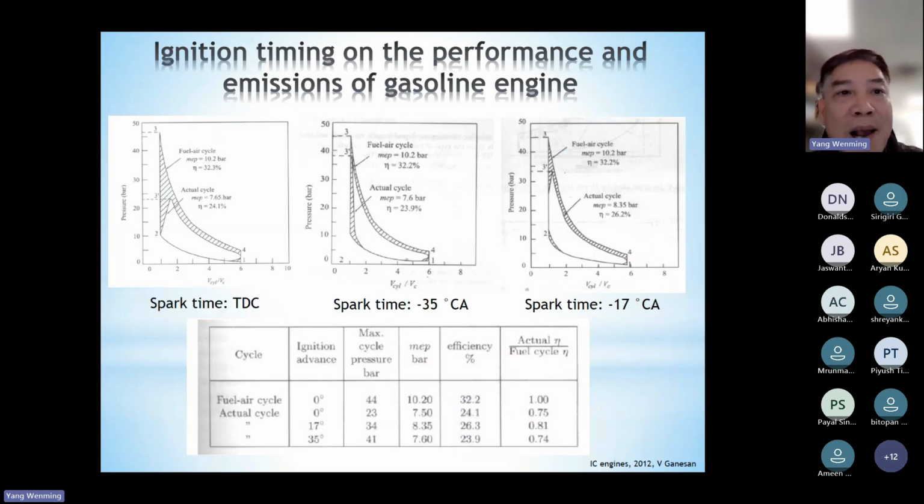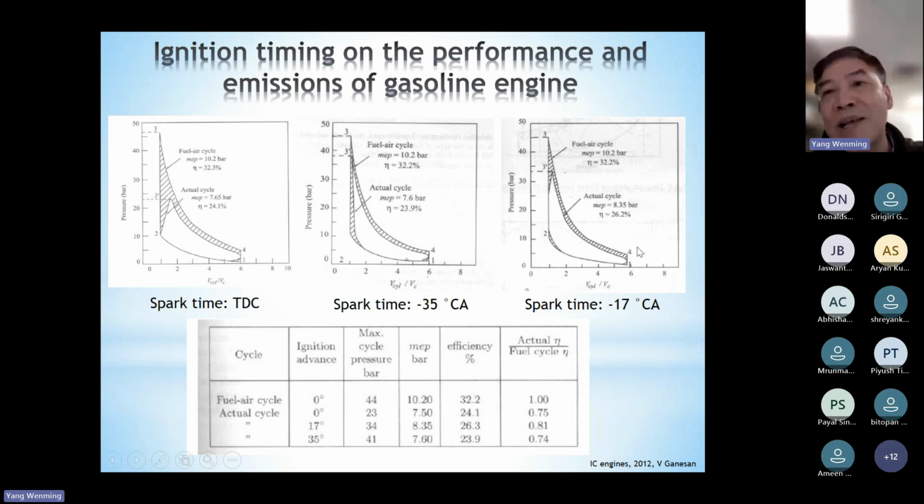Okay, the next one I want to introduce is the effect of ignition timing on the performance and emissions of gasoline engines. Firstly, that comprises three different ignition timings. The first one, the ignition occurs at TDC, or top dead center. The second one, the spark timing is minus 35 degrees CA, which is 35 degrees CA before TDC.